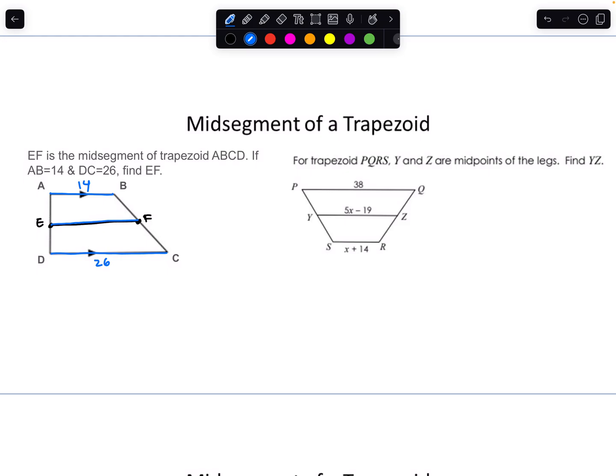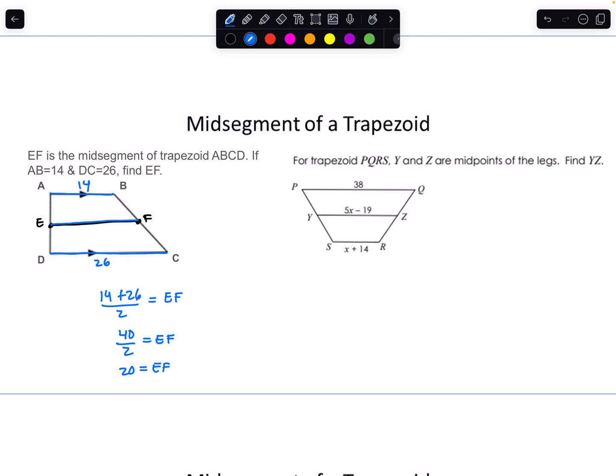So to find it, I'm going to say the sum of 14 plus 26 divided by 2 will equal the length of EF. And all I have to do is add them and divide by 2. It's literally in the middle. It's the average. So 14 plus 26 is 40, divided by 2 is the length of EF, so we have 20.